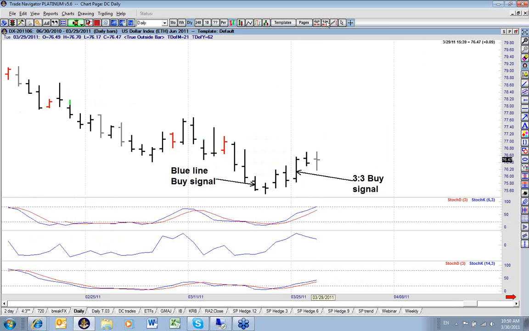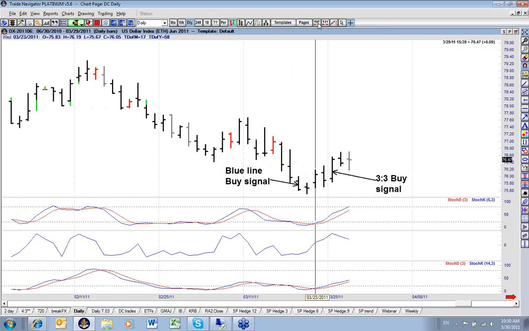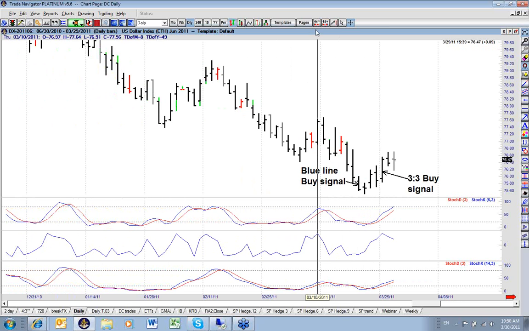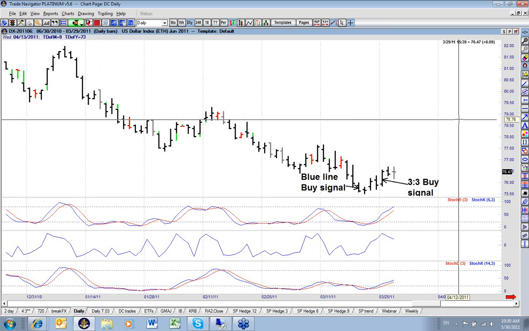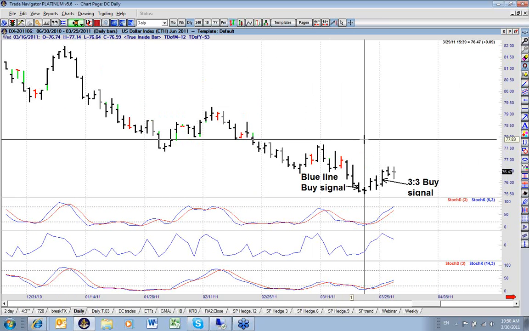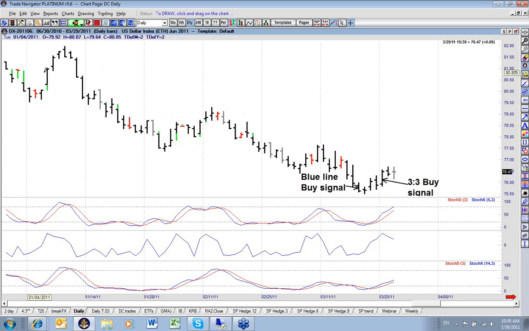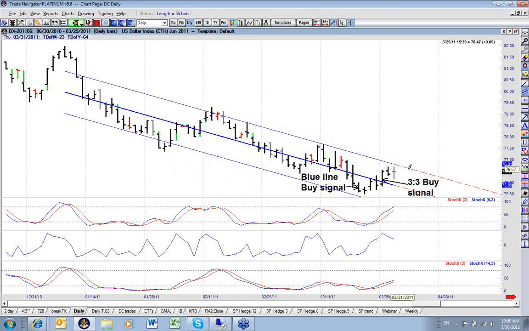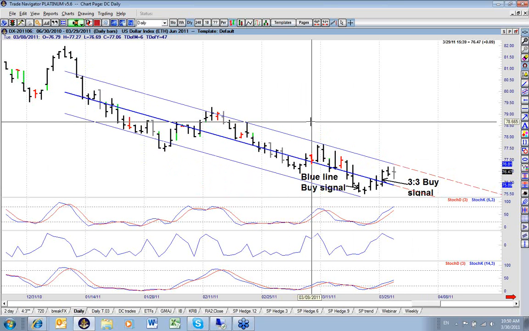All of these signals and trades have to be seen in context. If we take a larger view of what's happening here, this is a market that has been trending down hard for a long time. The simplest way we can prove that is we can simply put a regression channel on it, and that tells us that this market is trending down.